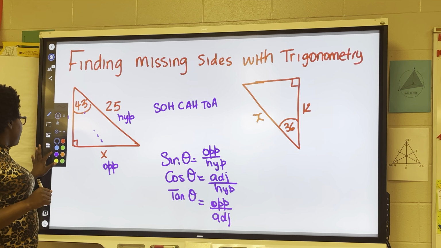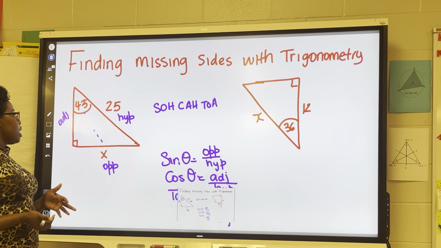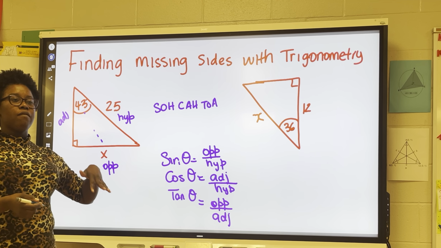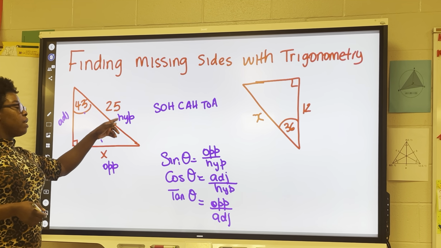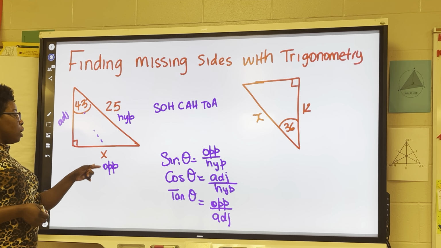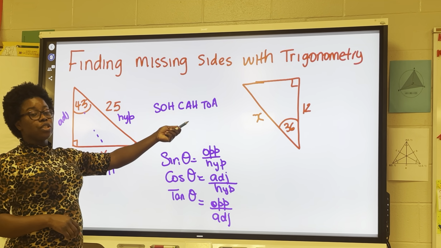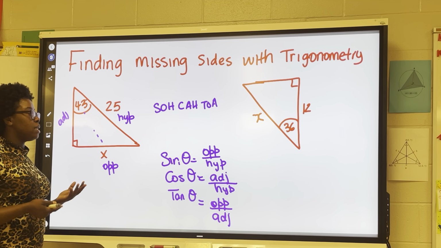Once you label these sides, it's time to put in what you know. Look to see which side you're given and the side you want to find. Here you're given the hypotenuse and you want to find the opposite. Next, look at your ratios to see which has the opposite and the hypotenuse in it.